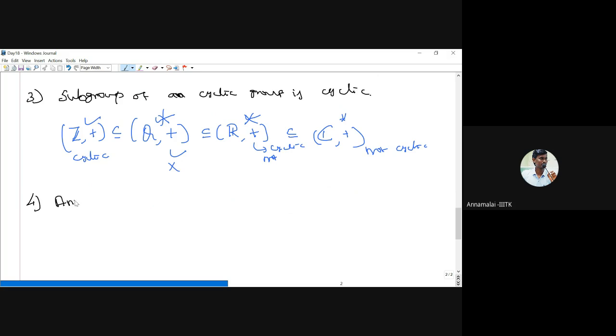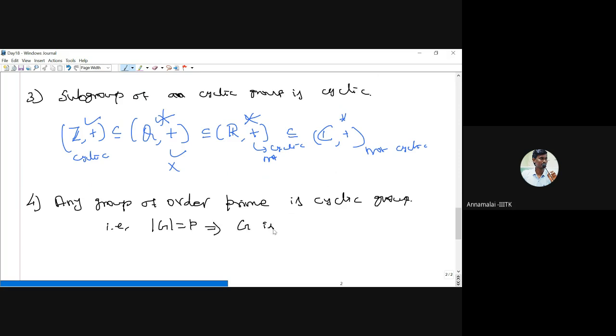Any group of order prime is a cyclic group. So that is what I am saying. Suppose we have a group G, and the order of the group is some prime number, either 2 or 3 or any prime number, then G should be a cyclic group.